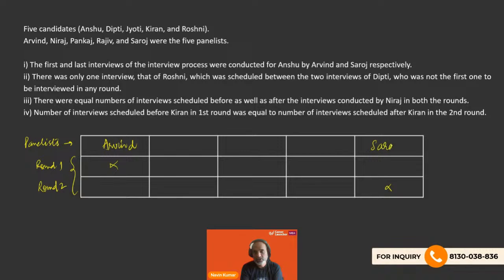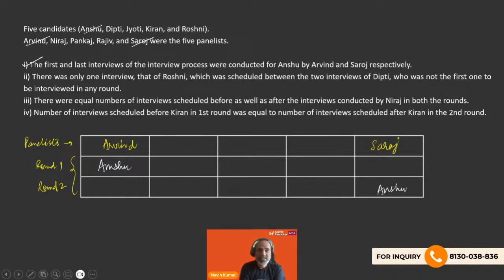The last one is going to be Saroj, and the candidate who is being interviewed is Anshu. So Anshu was interviewed in both these rounds, and we know now Arvind being the first panelist and Saroj being the last. We're done with the first statement.